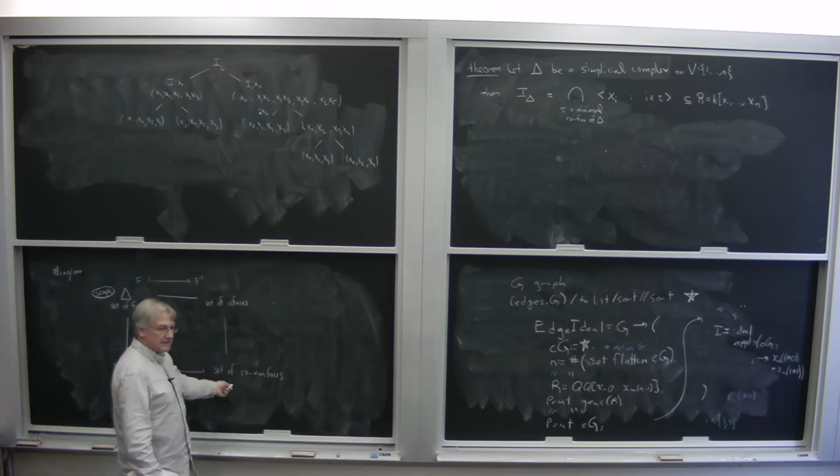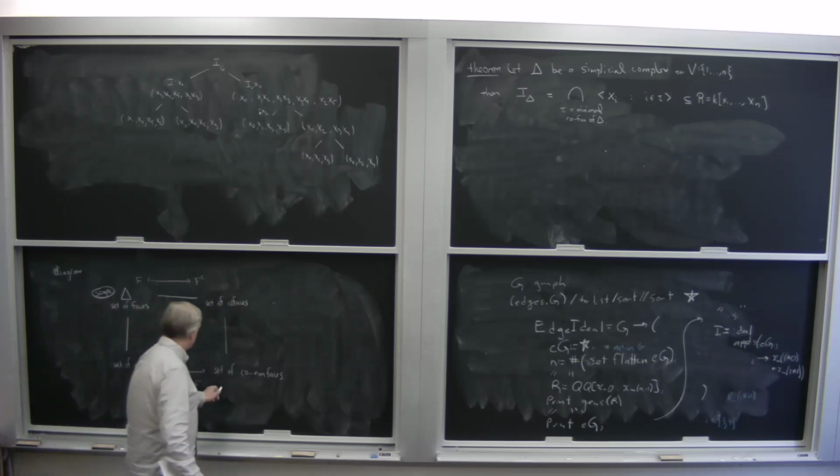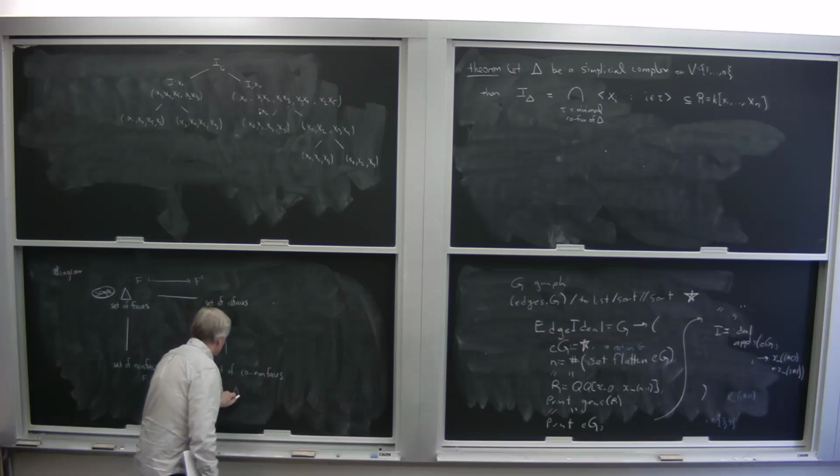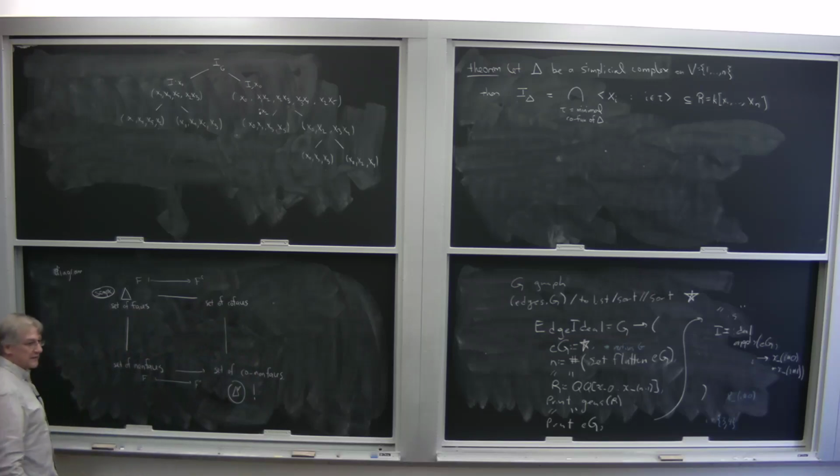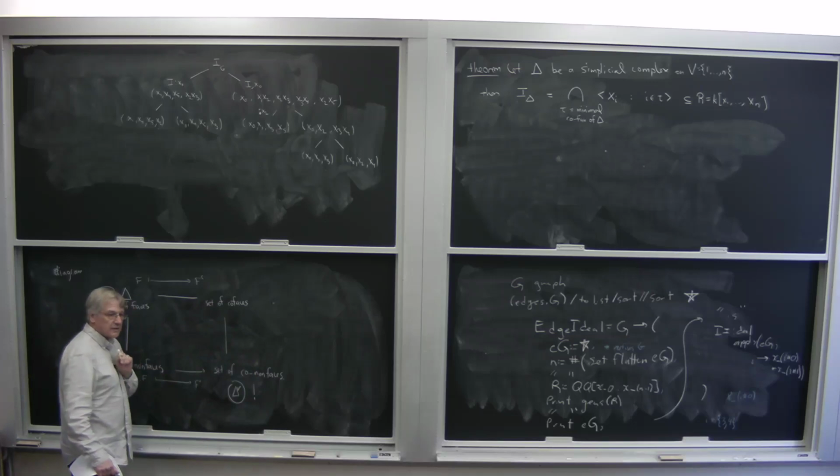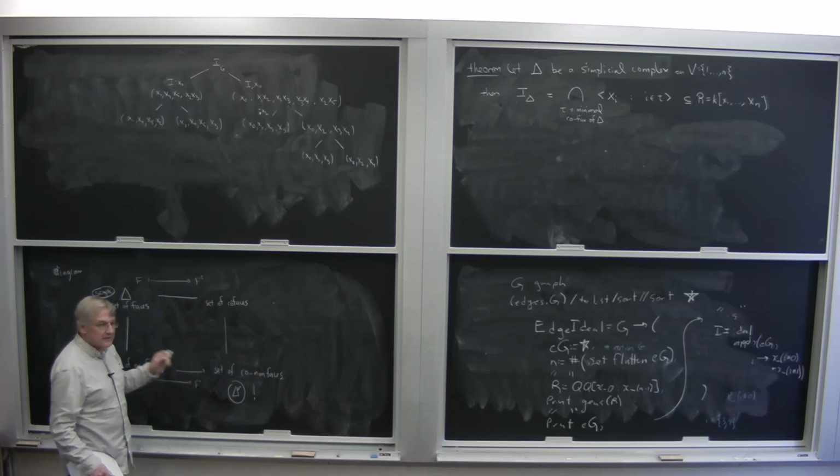Now, how about if I come down here? This is, in fact, not only that, this is delta hat. This is the Alexander dual down here. So you're doing these two operations here, and there are a number of confusing things about it. Which way you go, how you compute it, the fact that you're going through non-simplicial complexes to get there.